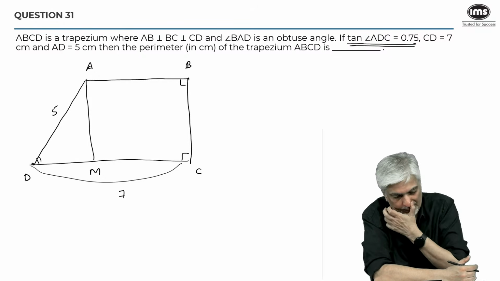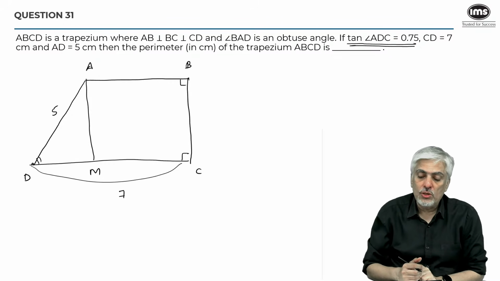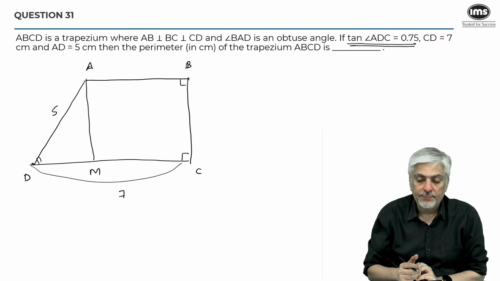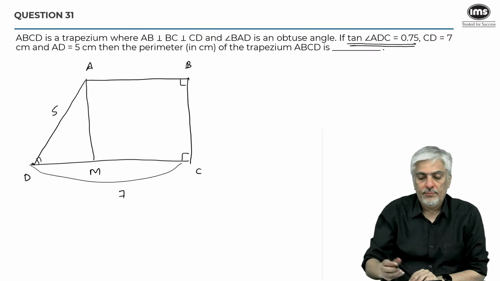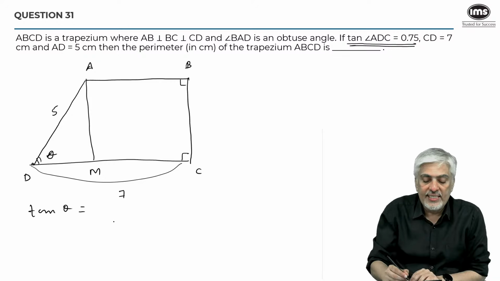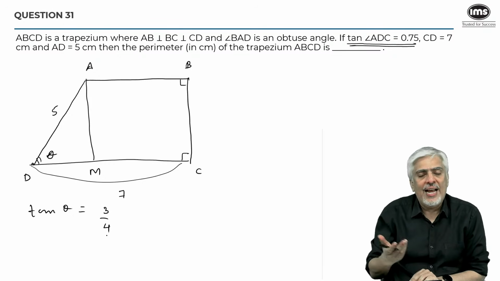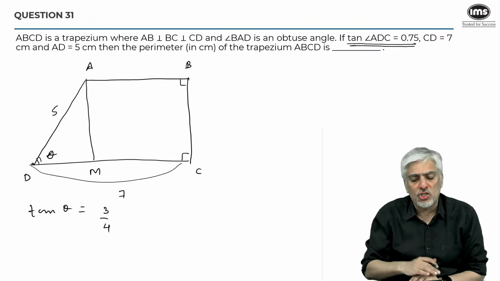Okay, so let's see what all we can get. Tan is opposite upon adjacent. Tan of ADC, that is this angle. Let's call this theta. Tan theta is 0.75, which is 3 upon 4. And our biggest hint, Pythagoras triplet.